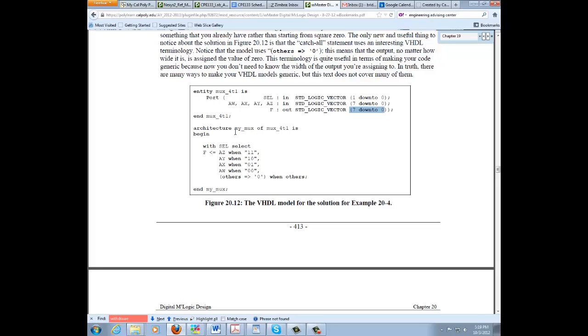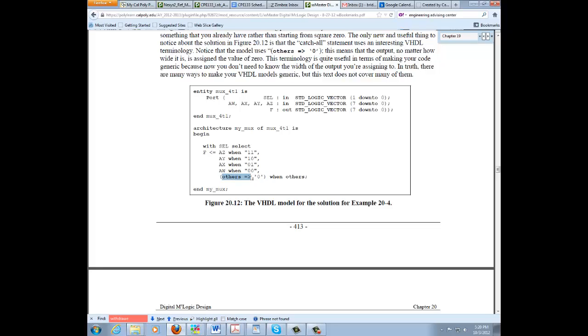In the architecture of this mux, with the select signal, F gets AZ, which is one of the inputs, when it's 1, 1, AY when it's 1, 0, AX when it's 0, 1, and AW when sel is 0, 0, and others get 0.